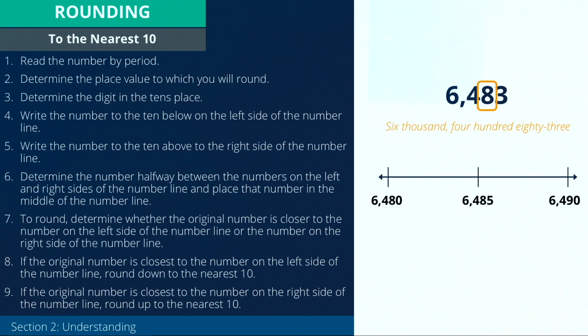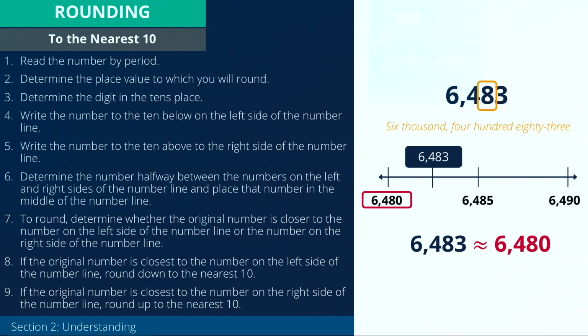Halfway, I would find 6,485. So where does 6,483 plot on a number line? It plots about right there. So I can see that my original number is closer to 6,480. So if I was rounding to the nearest 10, I would say that 6,483 is approximately 6,480.